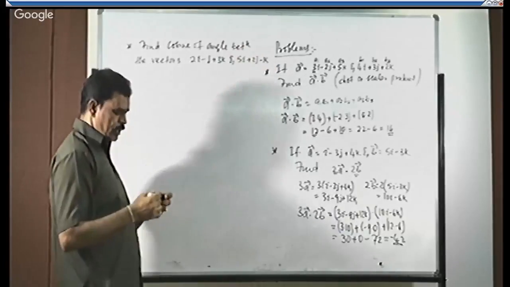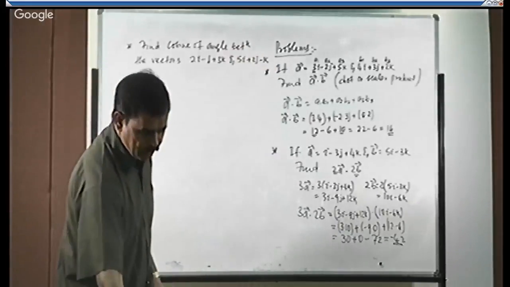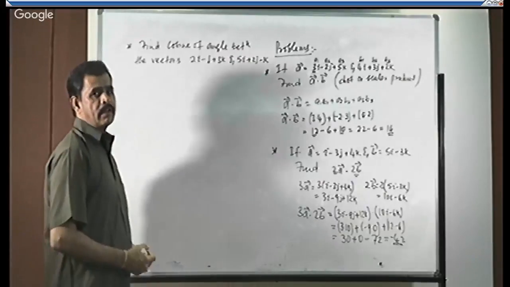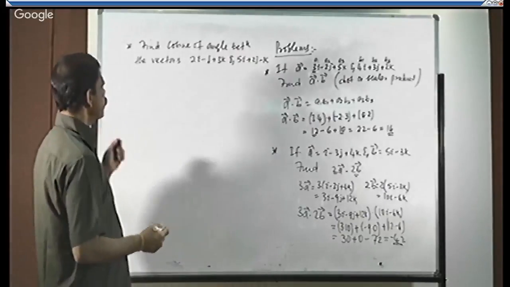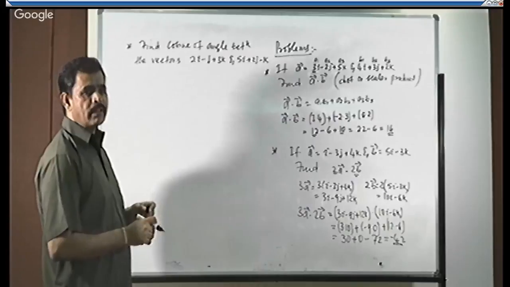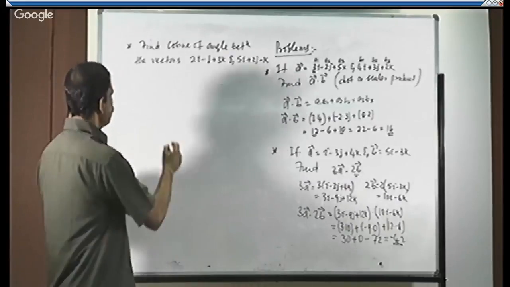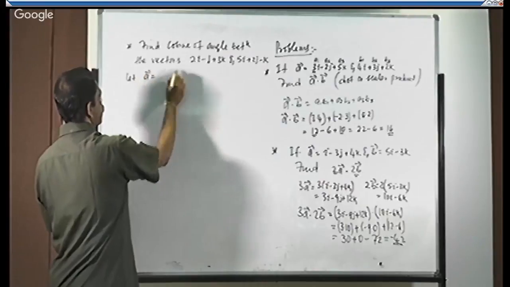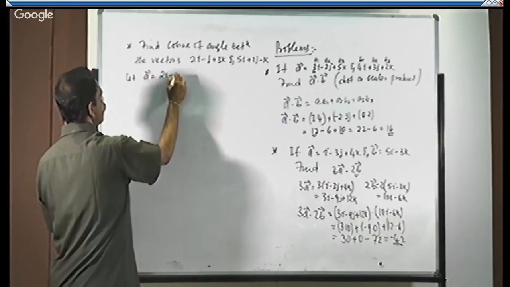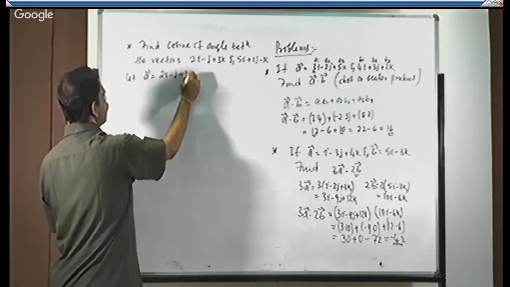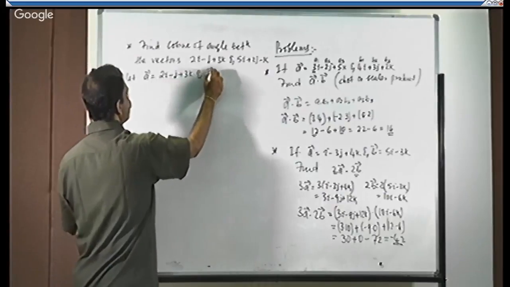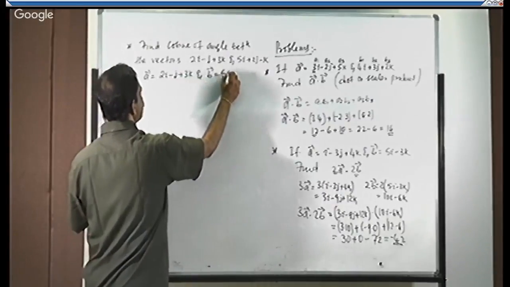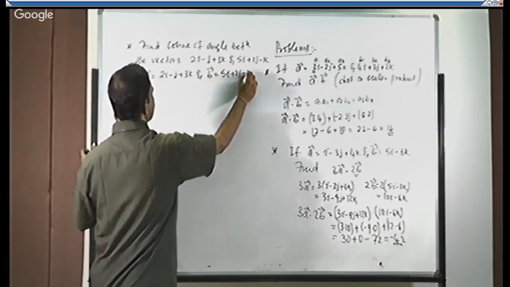You can consider any vectors, whatever the cosine of angle will be, that can be calculated. Let the given vectors be taken as A, B. What is A? A is 2i minus j plus 3k. And B is 5i plus 2j minus k.